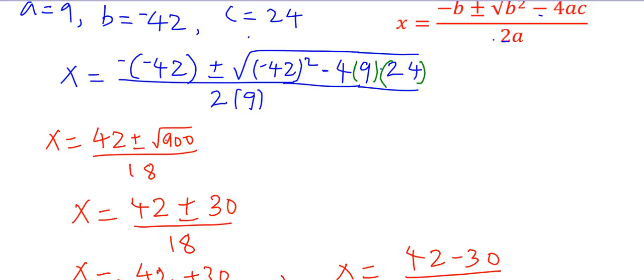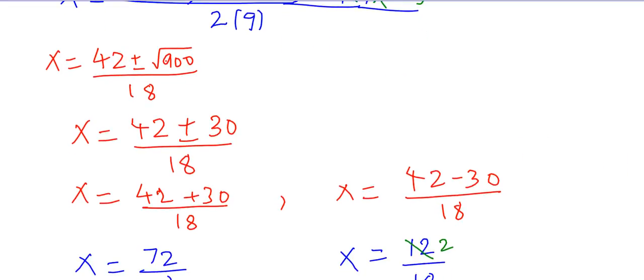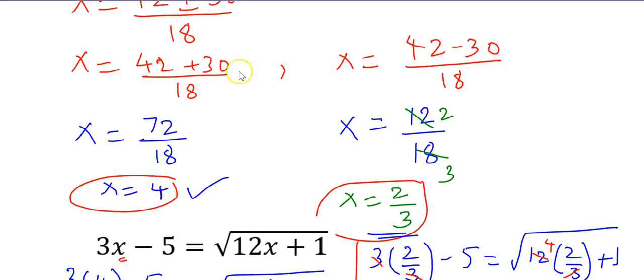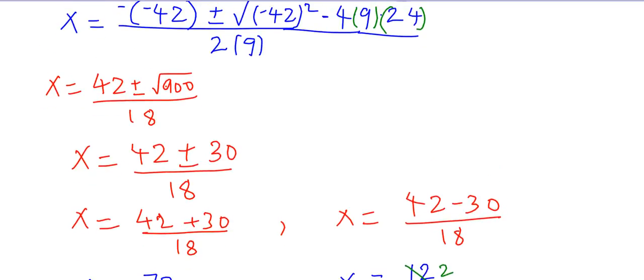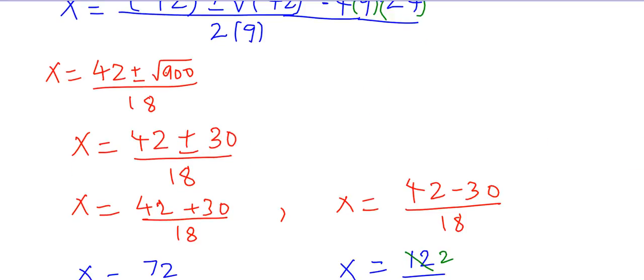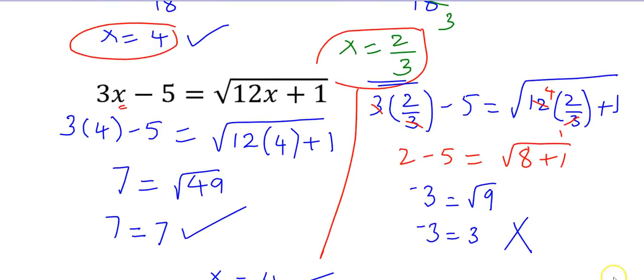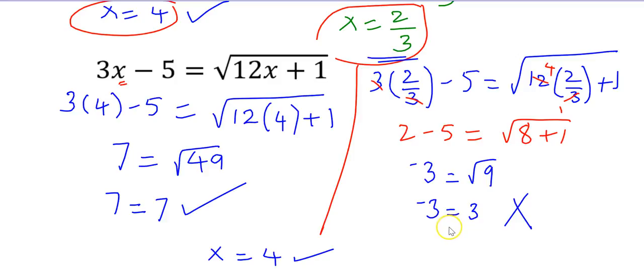The whole thing you can substitute in the calculator one time, but this is preferable because sometimes the number inside the square root won't be a perfect square. Then we'll get into some decimals and confusing stuff. So the best way is to find this piece first, the b squared minus 4ac part, and then simplify. We got 2 answers for x, and out of those 2 solutions, one is fulfilling the condition and the other value is not fulfilling. The one that is fulfilling is correct, verified.